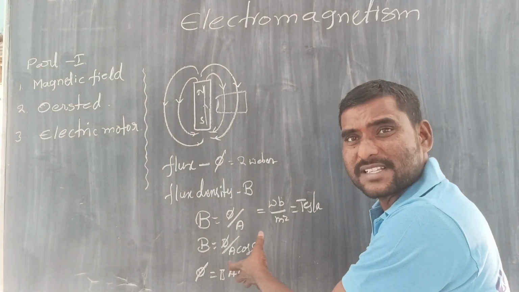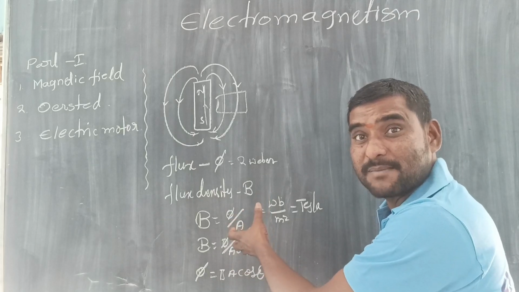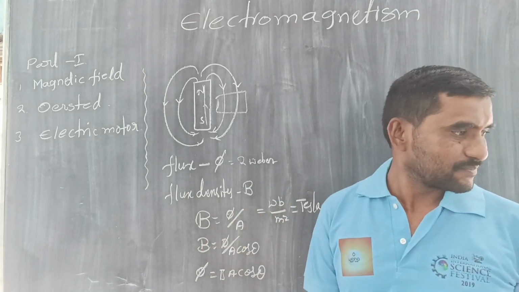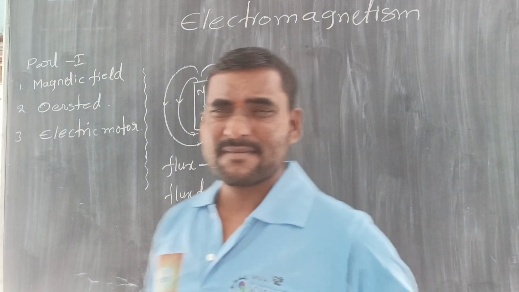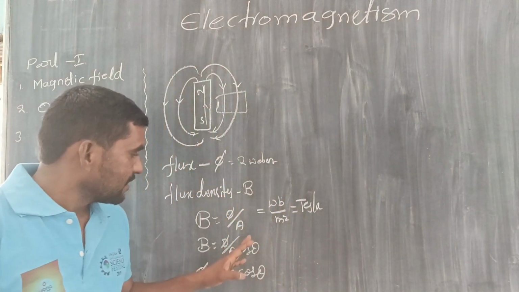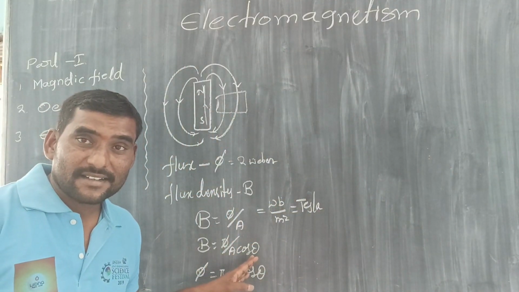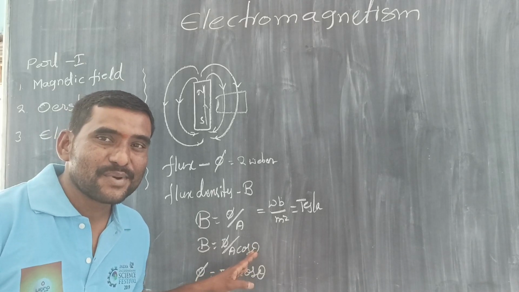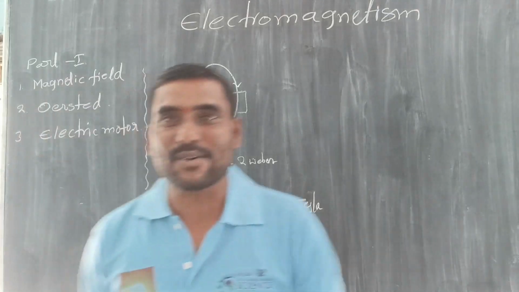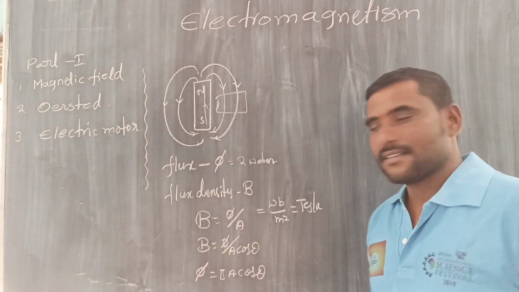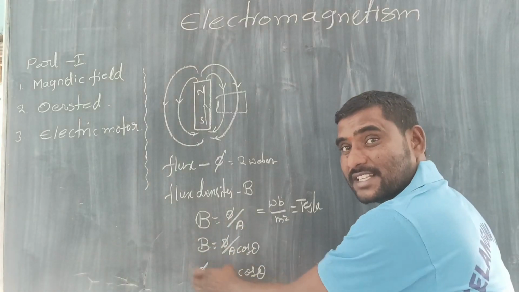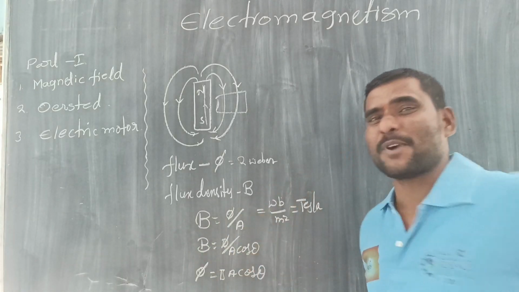They may ask when the magnetic flux is maximum and when it is minimum. It is very easy. If theta is 0, then cos theta equals 1, and then the value is maximum. When is it possible?